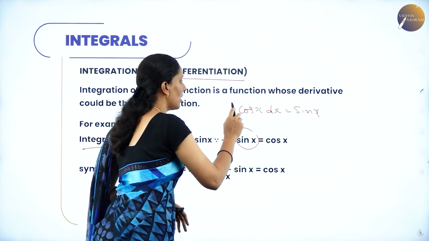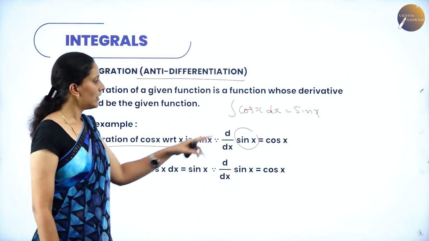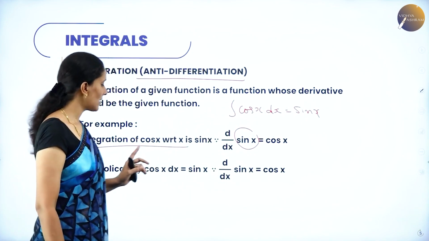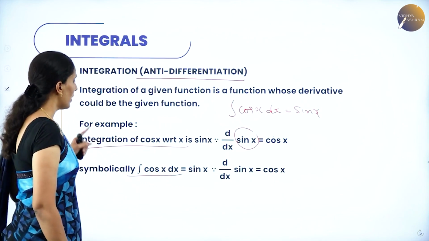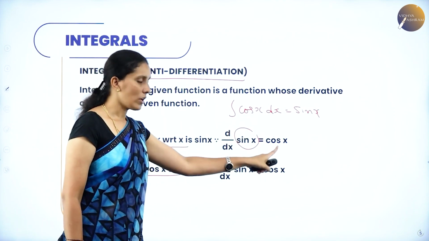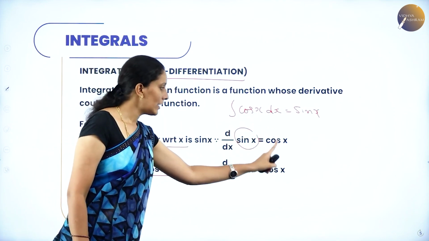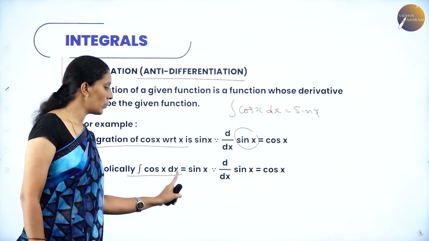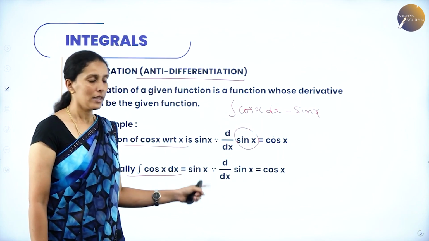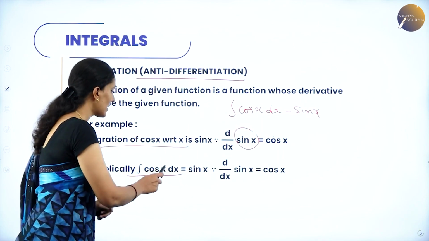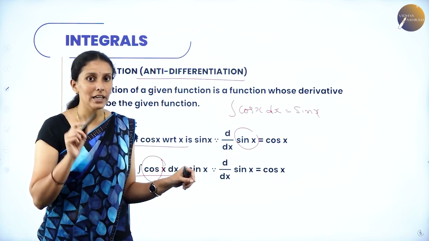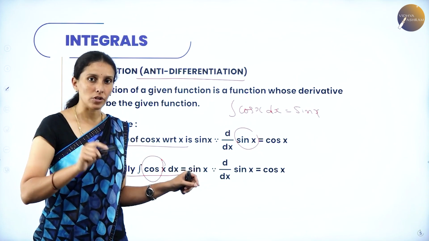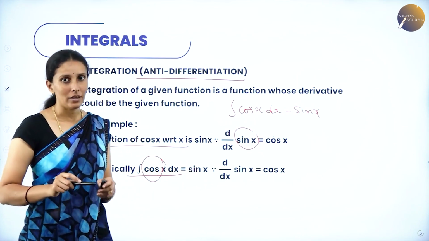So this is the symbol used to write the integration. If the derivative of sin x is cos x, then integration of cos x with respect to dx will be sin x, because cos x is nothing but the derivative of sin x, and hence integration is used to find the function whose derivatives are given.